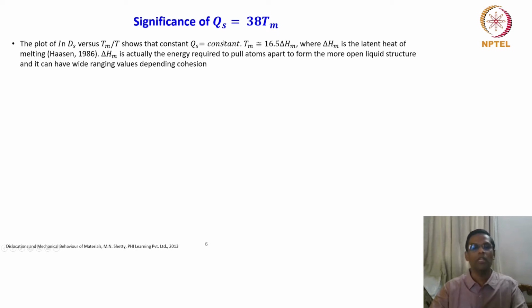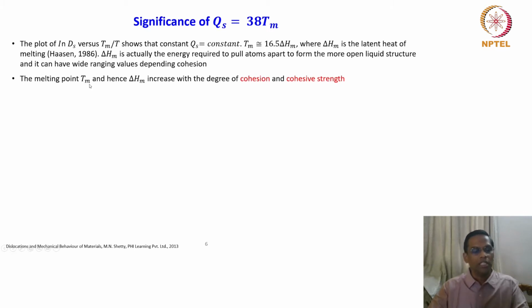There is some typo here, where Tm is approximately equal to 16.5 delta Hm, where delta Hm is the latent heat of melting according to Hasan. Delta Hm is the energy required to pull atoms apart to form the more open liquid structure, and it can have wide-ranging values depending on cohesion.